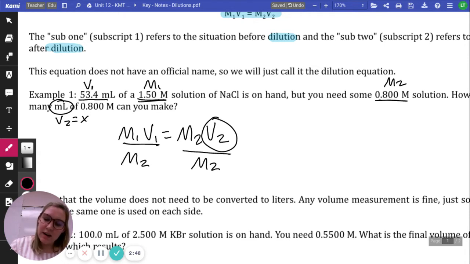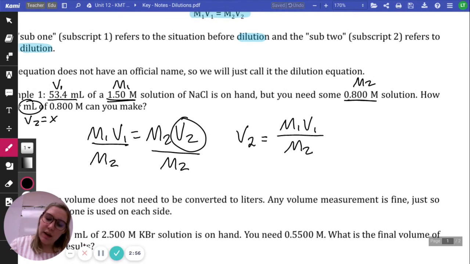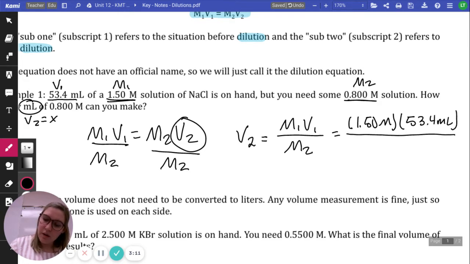When I do that, I get that V2 is equal to M1 times V1 over M2. All right, we're just going to go ahead and plug in our values. So M1 is 1.50 molar times V1, which is 53.4 milliliters, all over M2, which is 0.8 molar.